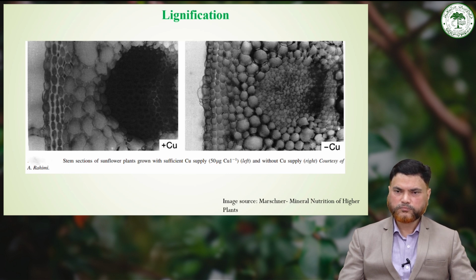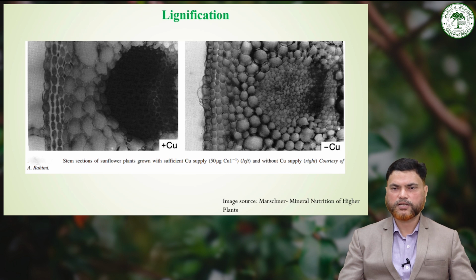If there is an excess of other substrates like alpha cellulose and hemicellulose, this could lead to particularly noticeable changes in the cell wall in plants that are severely deficient in copper.